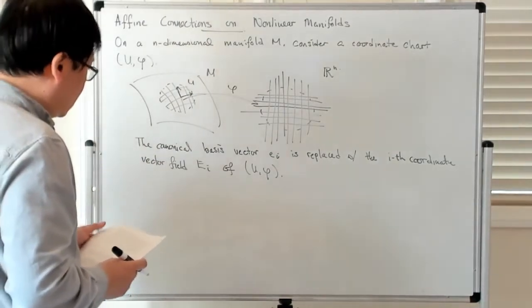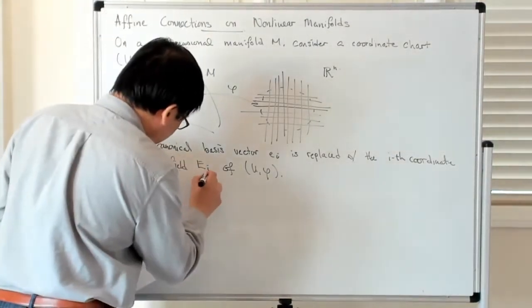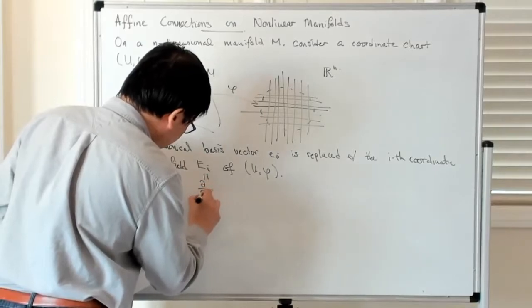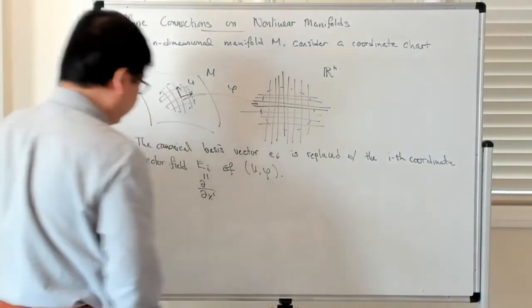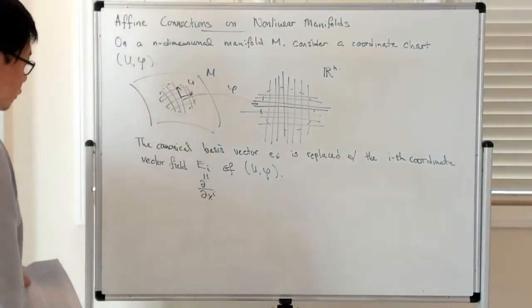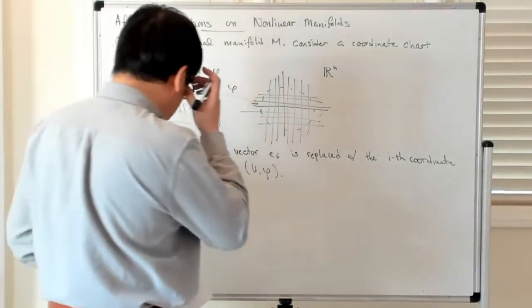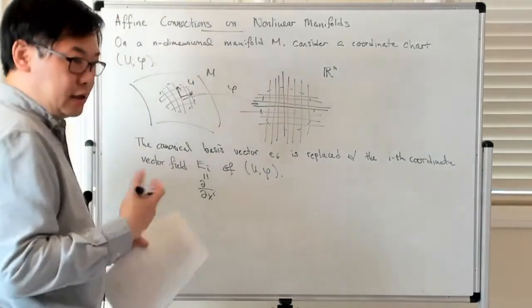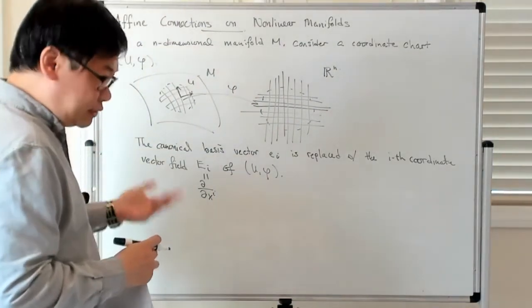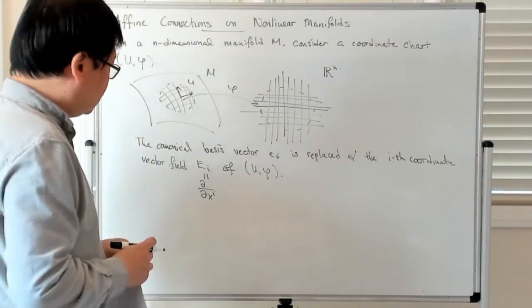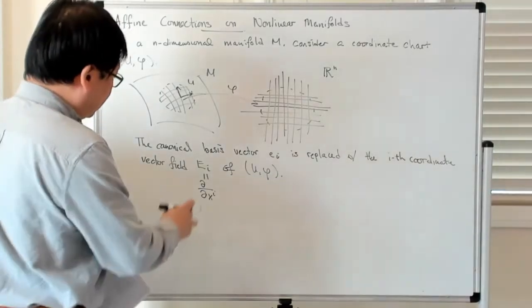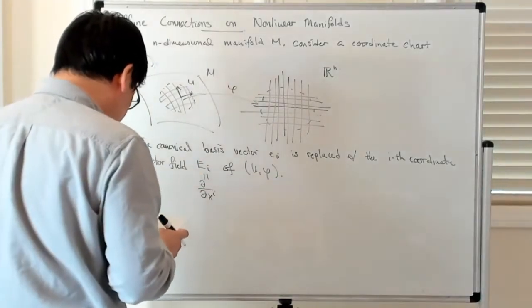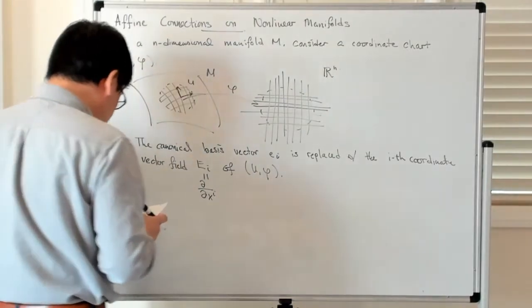Oftentimes this is denoted partial over partial x_i. That has to do with the fact that one way of thinking about vectors is as directional derivatives or derivations, and this is the notation associated with that.